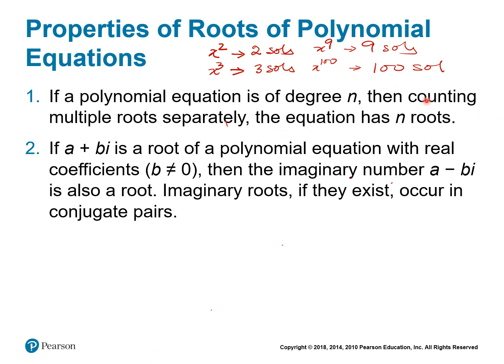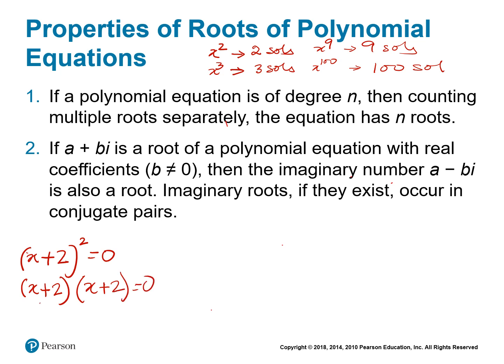Now, we have a phrase here. It says counting multiple roots separately. What does that mean? We have solved some equations which looked like this: x plus 2 squared equal to 0. The way we go about solving this is we write x plus 2 whole squared as 2 separate factors, x plus 2 times x plus 2 equal to 0.